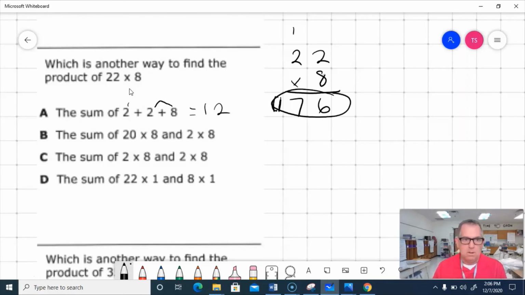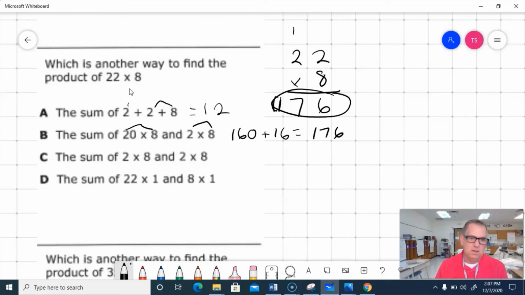I know 20 times 8 would be the same thing as 2 times 8 with a 0 to mark the place value, which would be 160, plus 2 times 8 is 16. So 160 plus 16 would be 176.